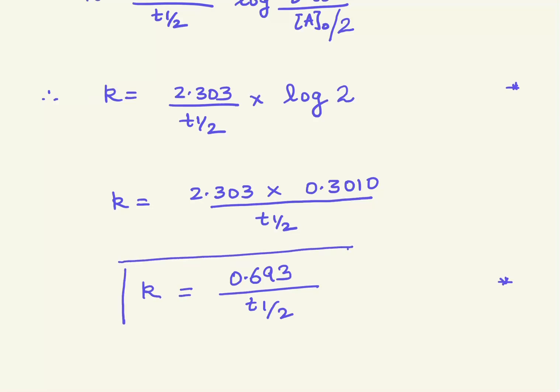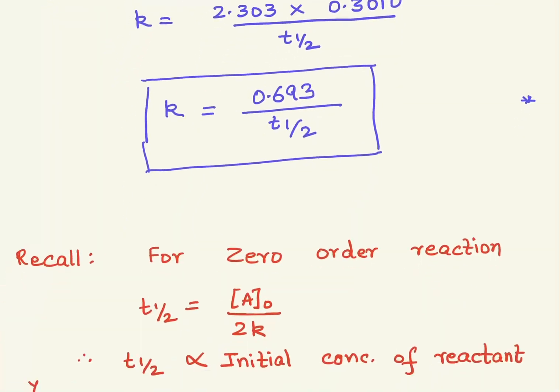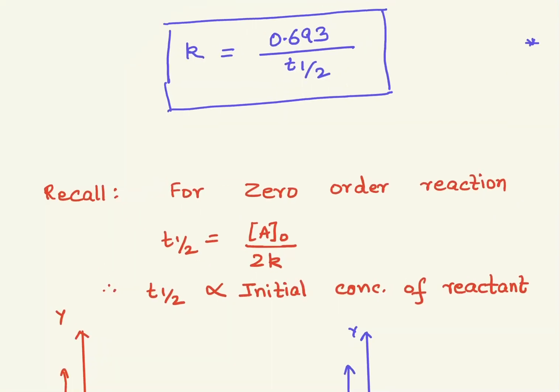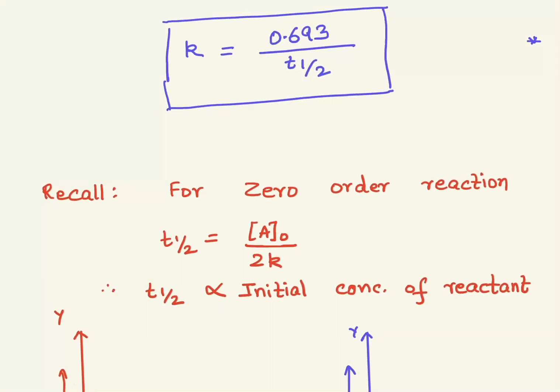You notice something over here? Is there any concentration term in this rate constant for a first order reaction in terms of the half-life period? No, right? Whereas for a zero order reaction, we had the half-life being dependent on the initial concentration of the reactant. You recall? This was the expression that we had derived when we were doing the zero order reaction.